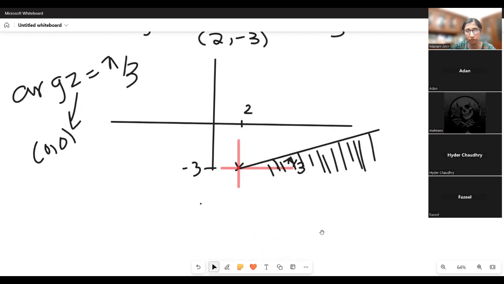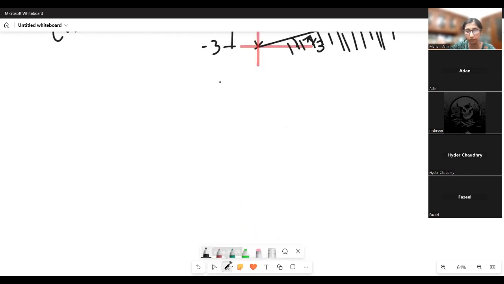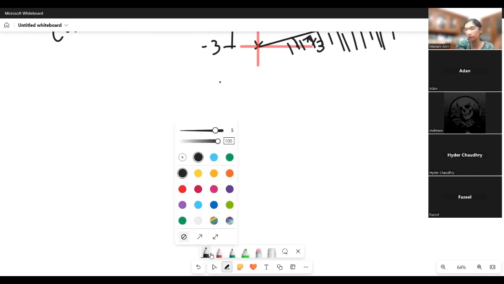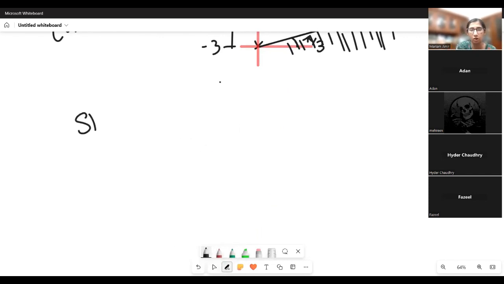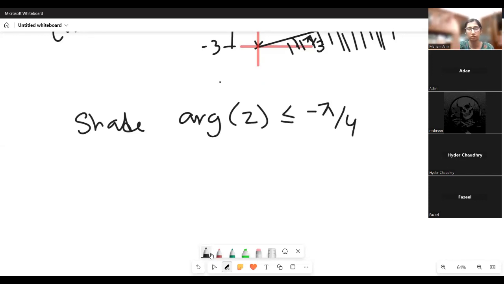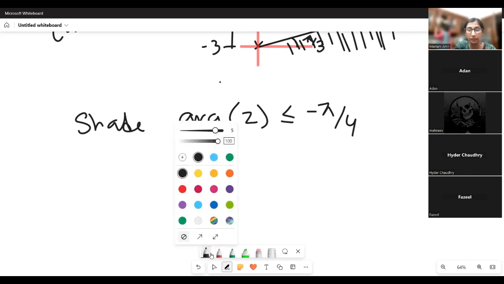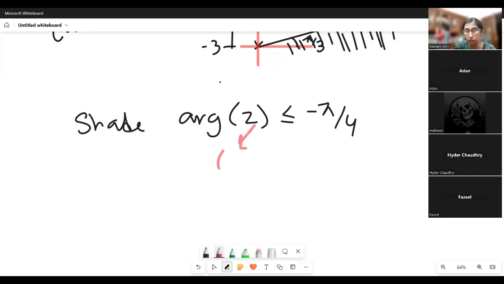Similarly, there was a question in a past paper which was like this. State on an Argand diagram, the argument of z is less than or equal to minus pi by 4. Again, now the starting point is the origin because there's no other point mentioned with z.